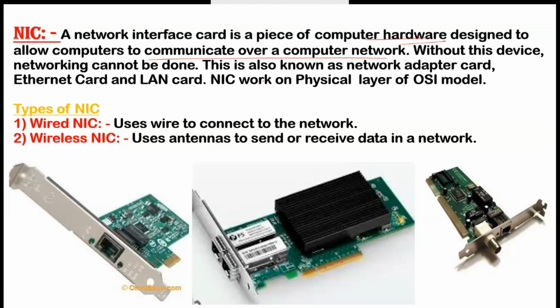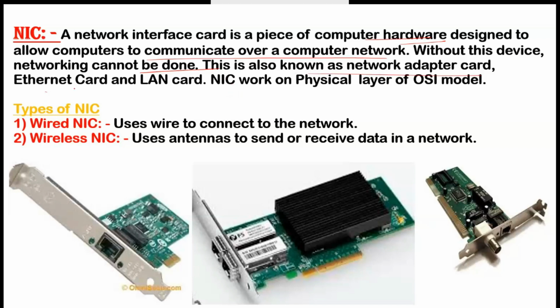It means that because of this device, the NIC, our laptop or desktop can communicate with the computer network, or we can say connect with the computer network. Without this device, networking cannot be done. If your laptop has no Wi-Fi adapter or no RJ45 cable adapter, then you can't connect your laptop with the network in any way.